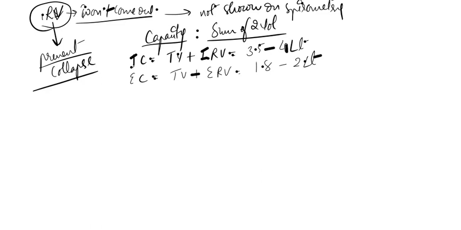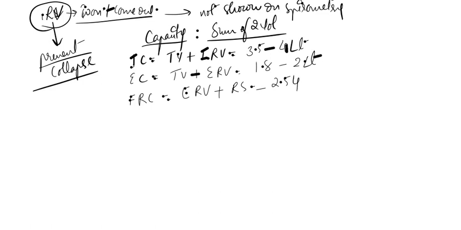Now what is FRC, functional residual capacity? It is expiratory reserve volume plus residual volume. That is equal to how much? 2.5 liters. Simple.